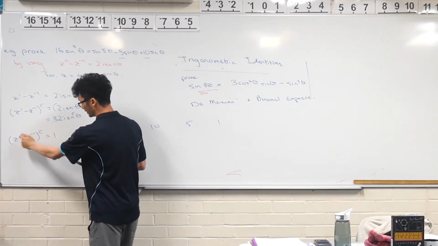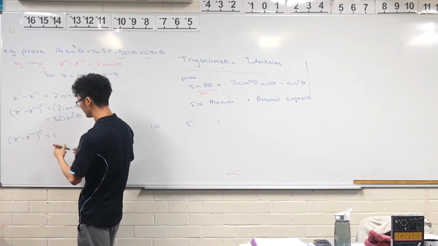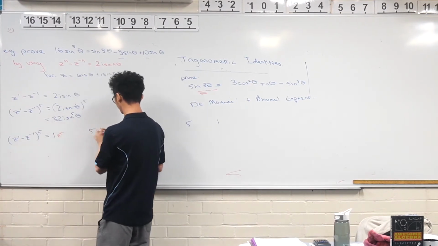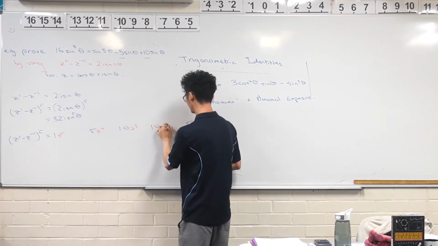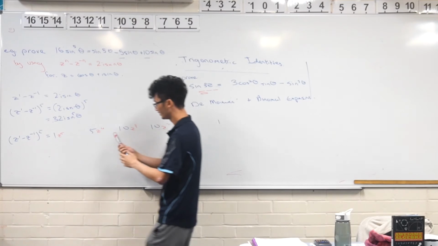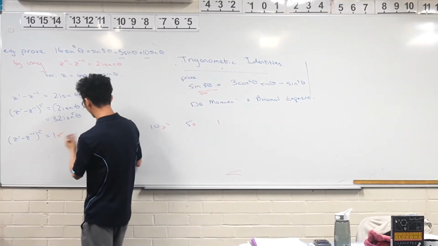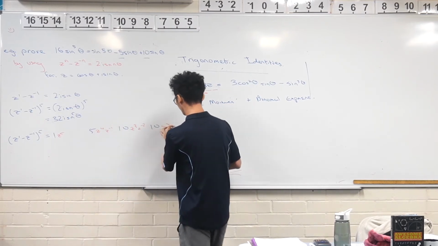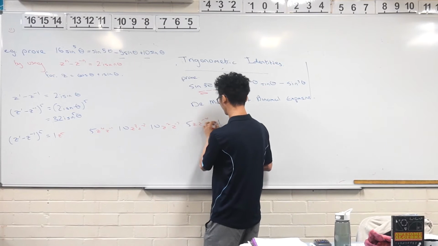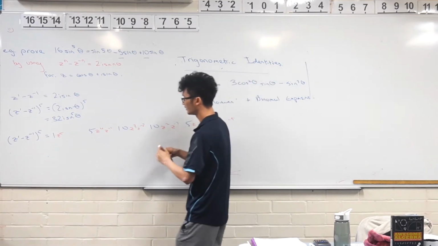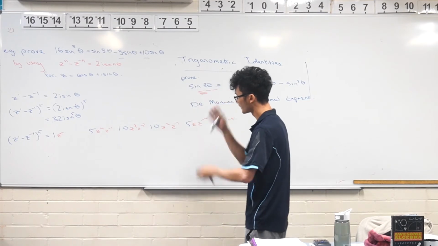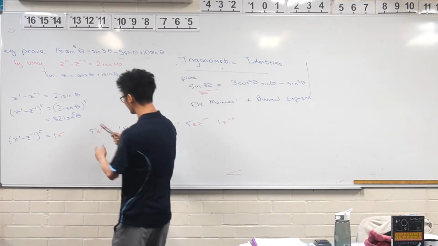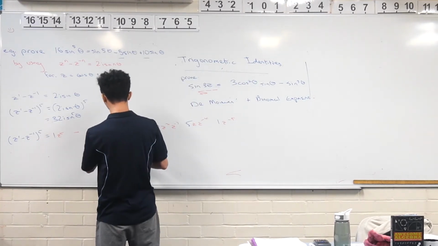Looking at our powers, I'm going to have my ascending powers and my descending powers. So let's go z^5, z^4, z^3, z^2, z^1, and then z^0, z^-1, z^-2, z^-3, and so on. Be careful with these alternating powers, so the signs do alternate because you've got this negative symbol here.